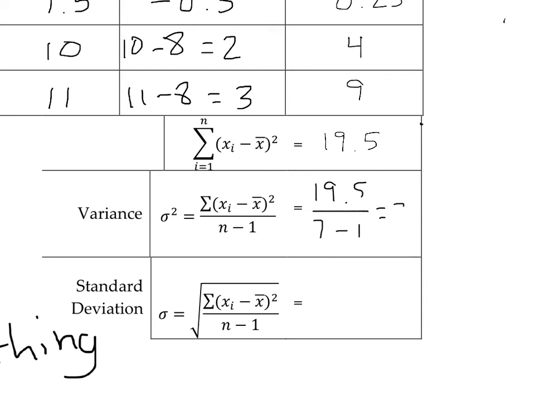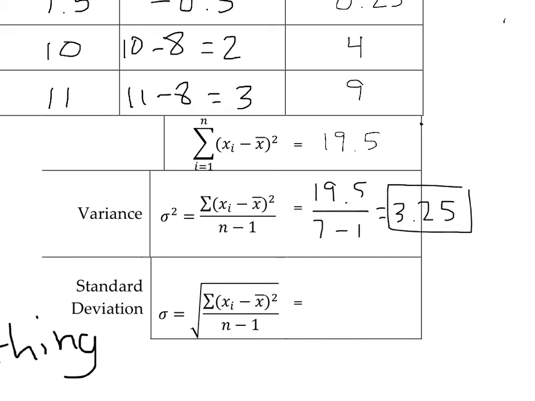I get 3.25. And I ran out of room here, but whatever. Okay, so 3.25 is called our variance. And the standard deviation is just the square root of that number.